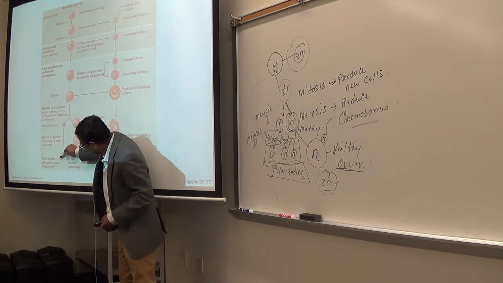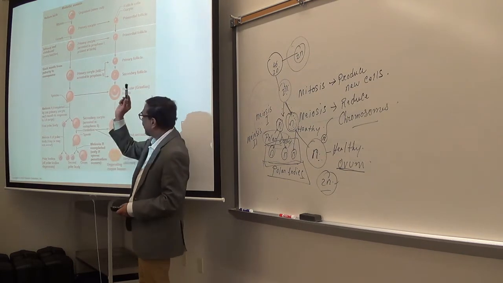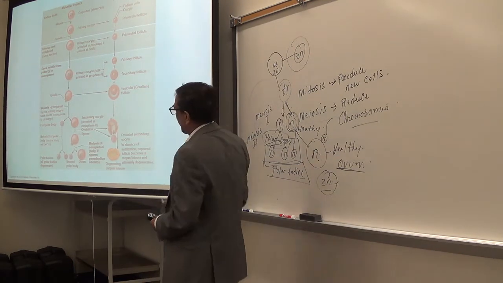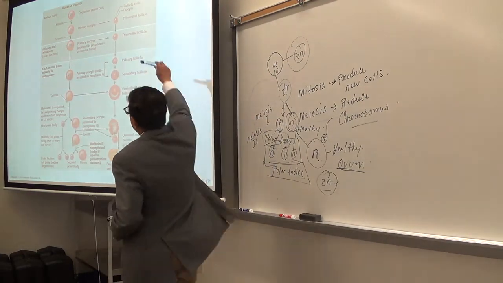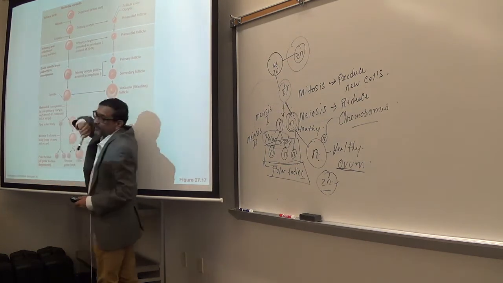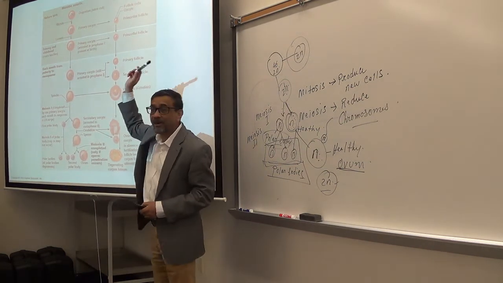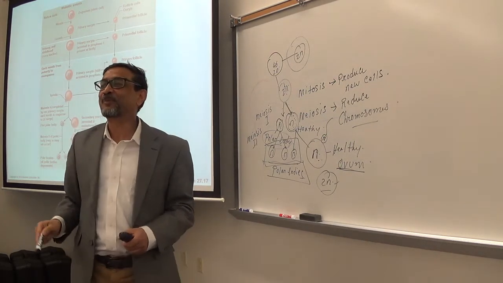So finally, we'll get three polar bodies, one healthy ovum. Okay. Now, one thing is important here, actually two things. One is, you need to remember this part. Mitosis starts when the girl is in mother's uterus, that is before birth.